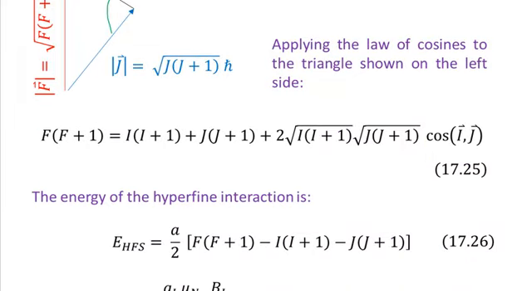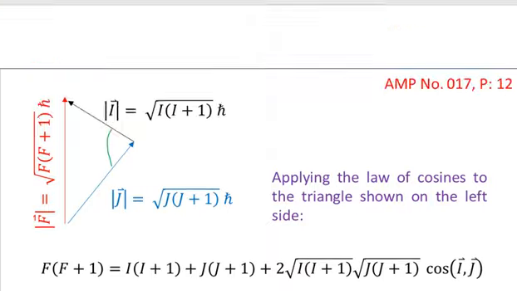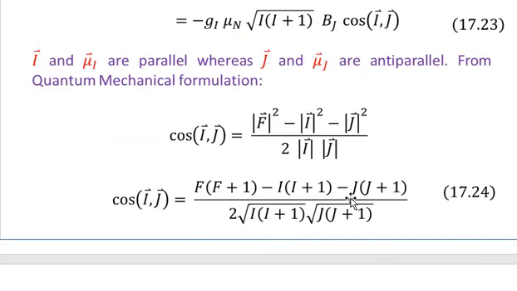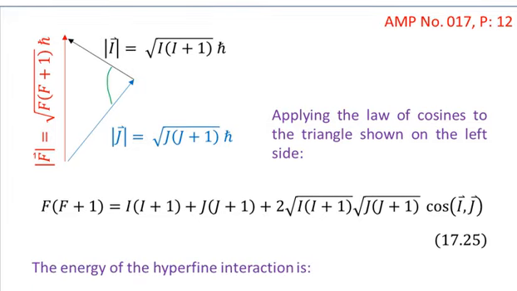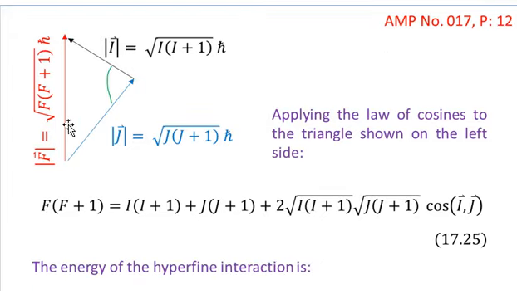In that case, you can write down the relation as given in equation number 26. This relationship that I have used over here, shown in equation number 24, and also in the previous step, can also be inferred directly from the cosine law applied to this triangle which I have shown.